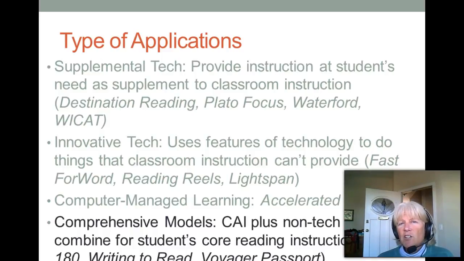So the technology is not supplemental to reading instruction, it's used in conjunction with it. It's all part of the reading instruction that occurs within the classroom. So it's part of the core reading instruction, not an add-on. One example of that is Read 180, which is used quite a bit locally, and then Writing to Read and Voyager Passport.